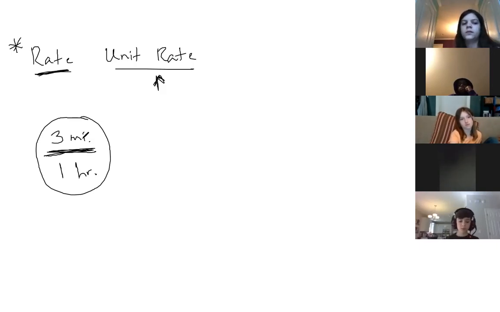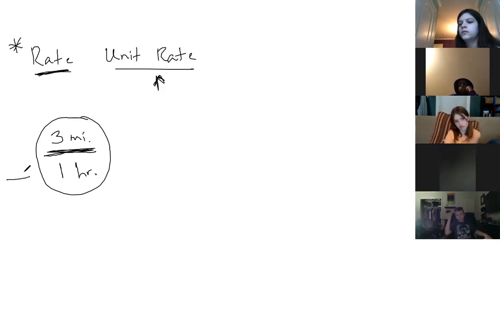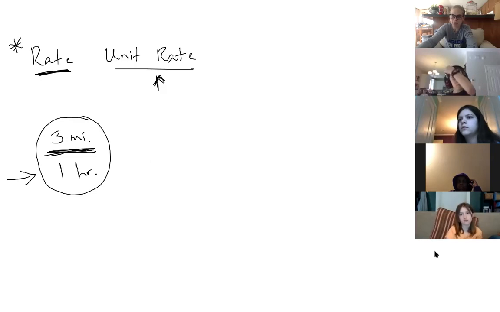Definition is it tells how many of a quantity there are per 1 unit of another quantity. Okay, per 1 unit of another quantity. So what is this rate right here telling me? I can go 3 miles for every 1 hour of time that passes by.